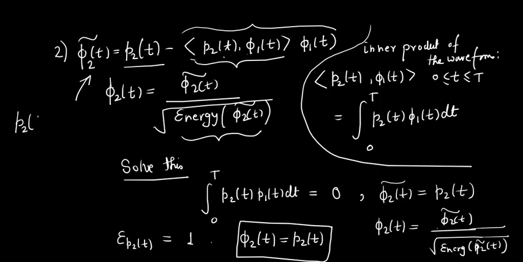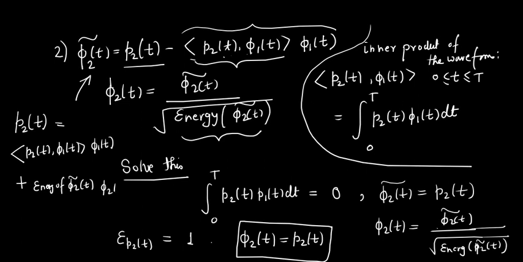While you were deriving this, your P2t is same as, now we are reverse tracking, plus phi 2 tilde t is energy of phi 2 tilde t into phi 2, yes or no? Tell me, please let me know, sorry.